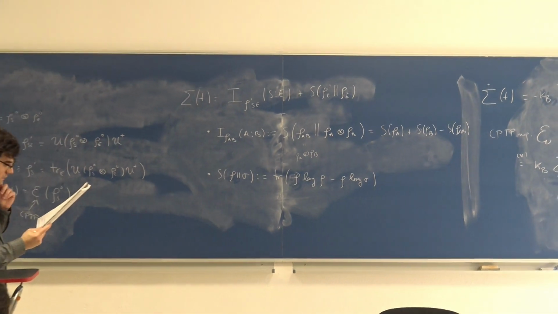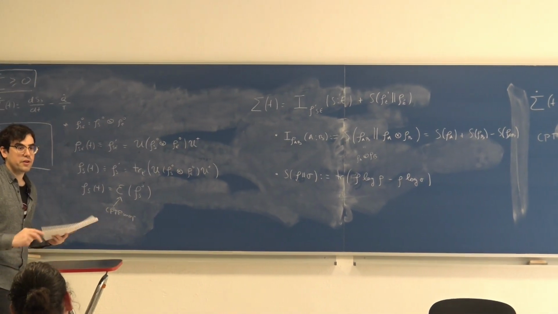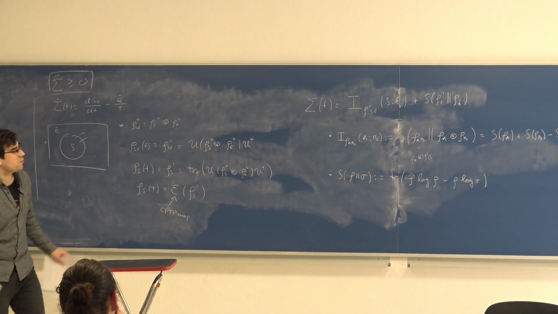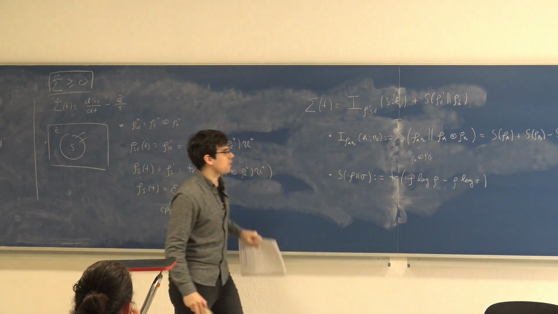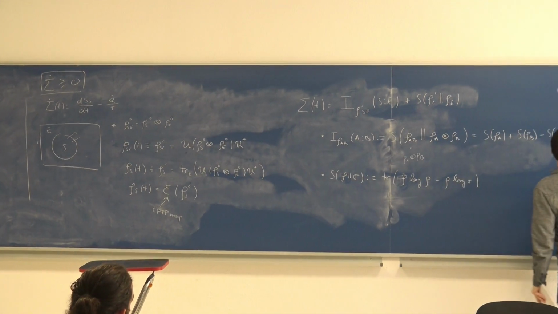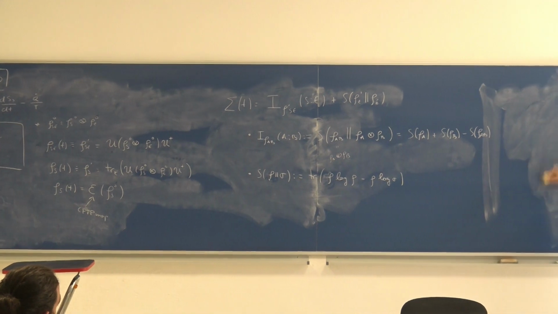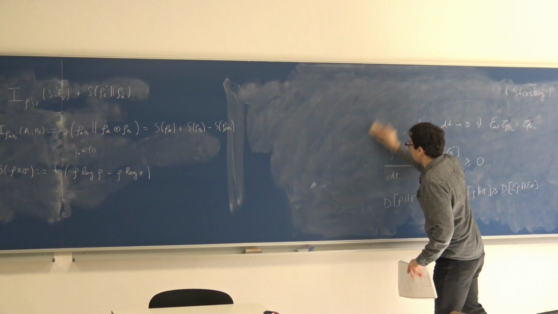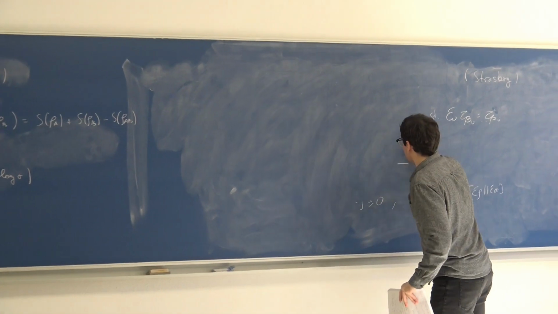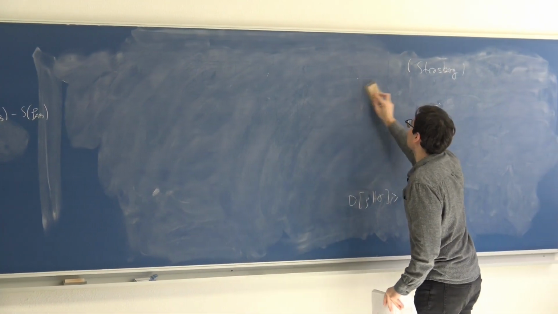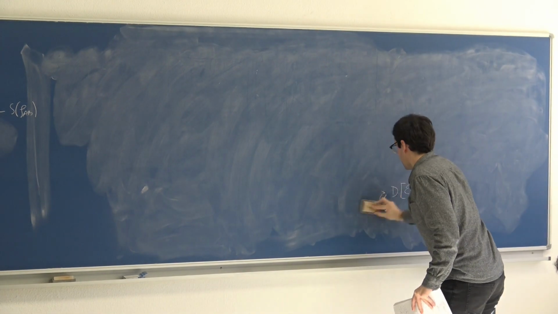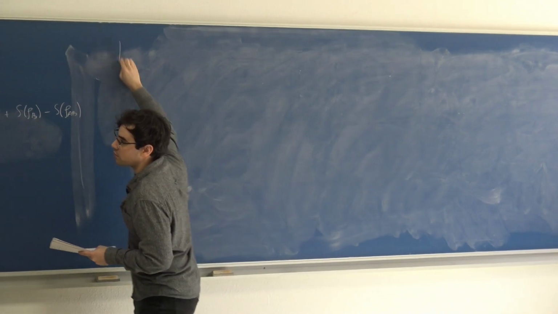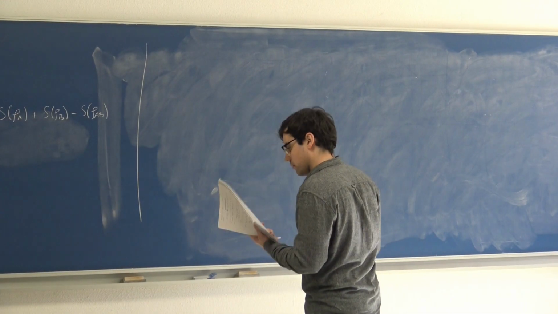Okay, this is general. This is what one would expect to have if we are computing this entropy production. This is still not thermodynamics. I'm doing just some, let's say, information theory.